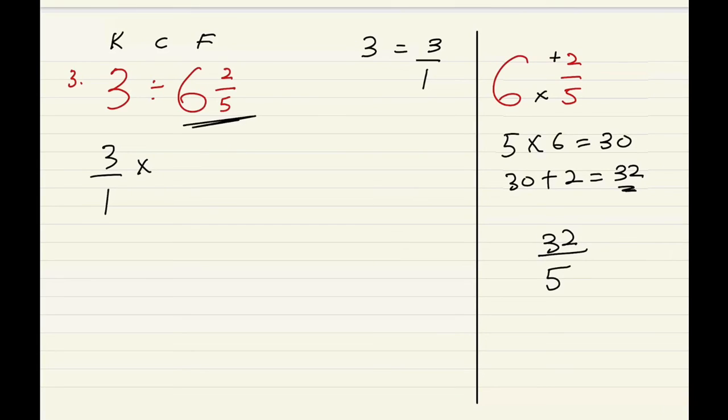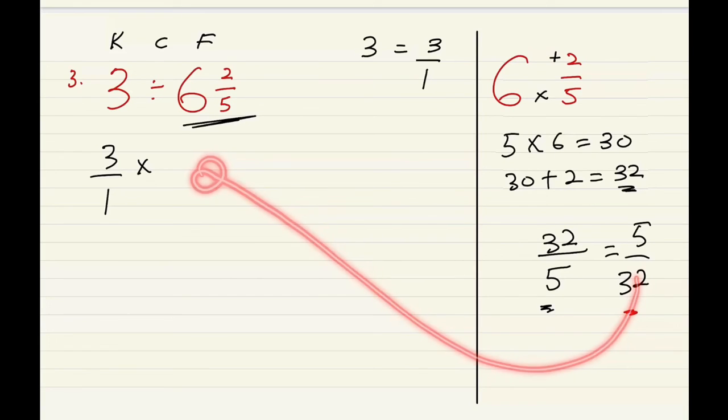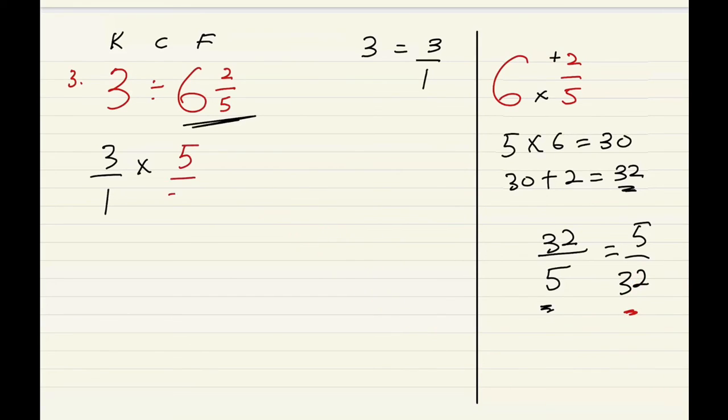So now that we have this as a final answer, we're going to flip this. And when we flip it, it becomes 5 over 32. And that is what we're going to put here. So this is going to go all the way here. 5 over 32. So it's now an easy multiplication question.